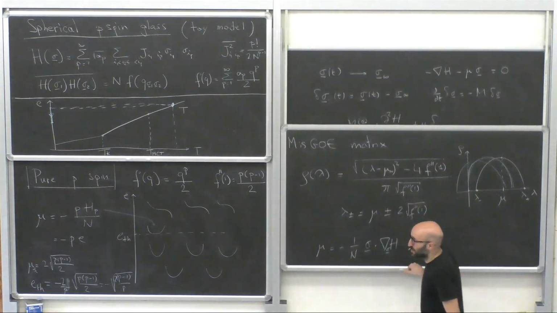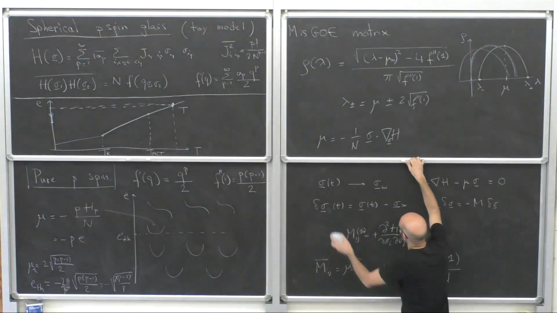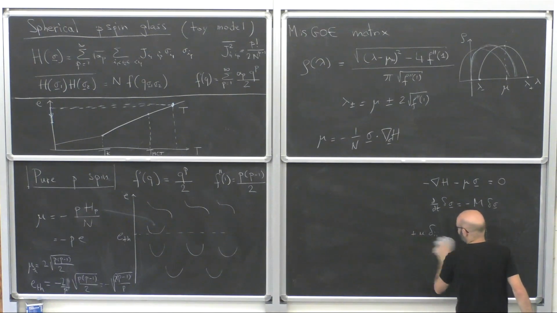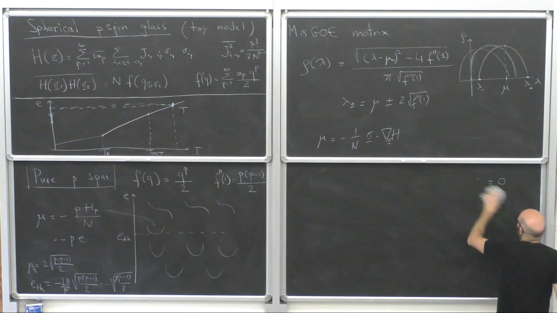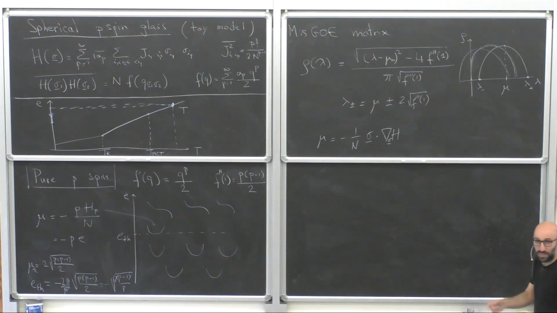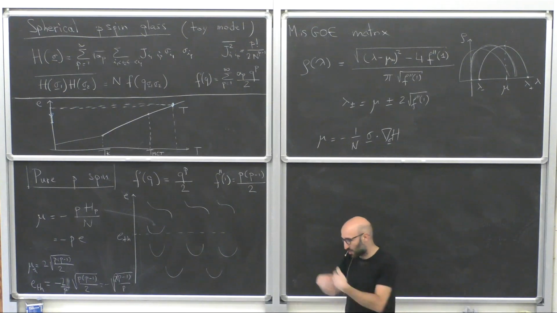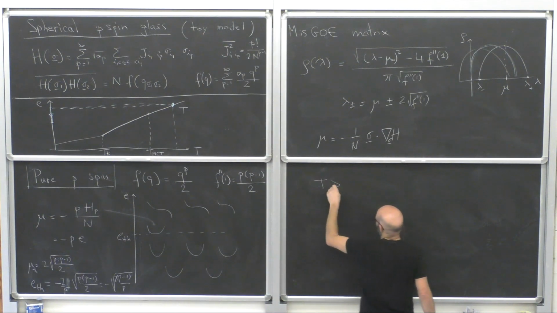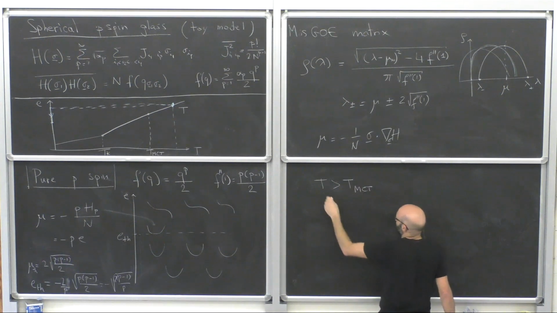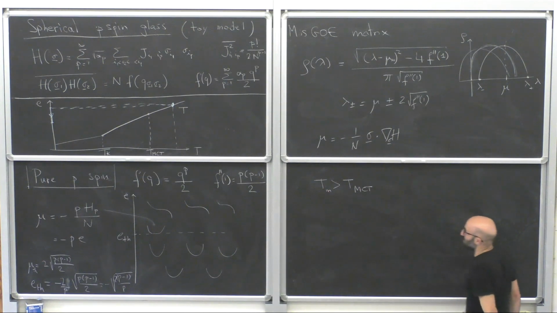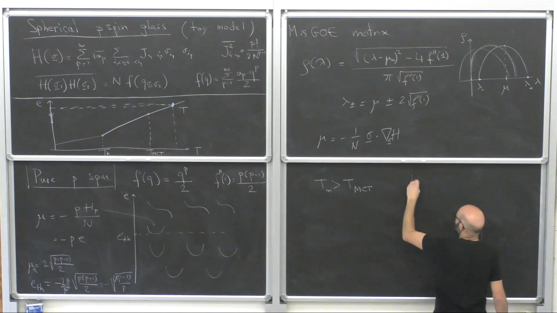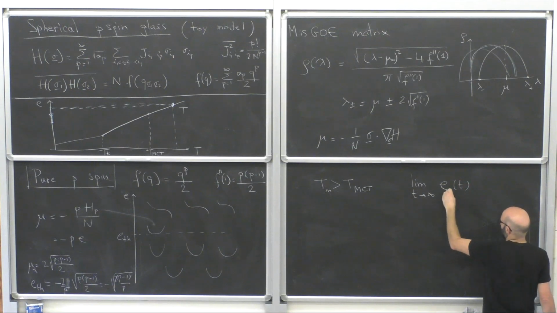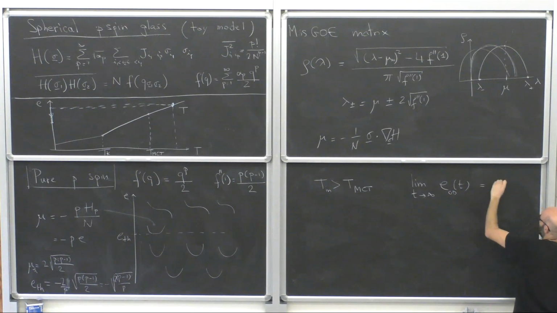So you have to solve the dynamics. When you solve the dynamics, you have to do what I said yesterday, this dynamical mean field theory, where you obtain closed equations for the correlation functions, you solve them, and what you find is that indeed, if you start above T_MCT, if the initial temperature is above T_MCT, then the limit for long times of the energy of the gradient descent dynamics is given by the threshold.